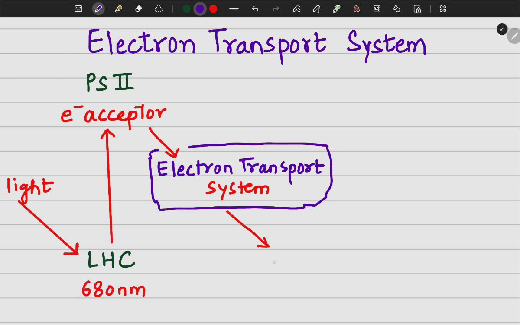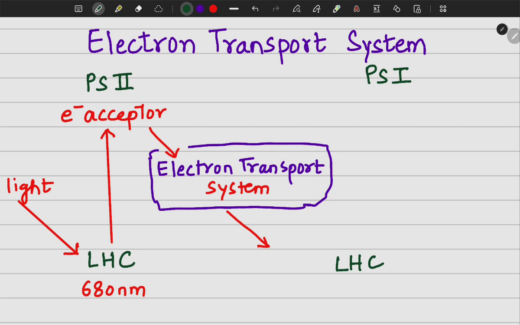Now, once they reach the base of the downhill, these electrons are not lost anywhere. The electrons coming from the light harvesting complex of PS2, after passing through the electron transport chain, come towards the light harvesting complex of photosystem 1.